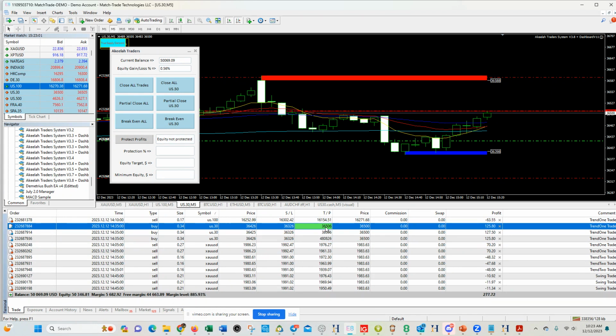This one is going to close, and the stop loss on the others is going to move up. We should see this line move up to here to break even. And so that protects our trade from any further losses there.